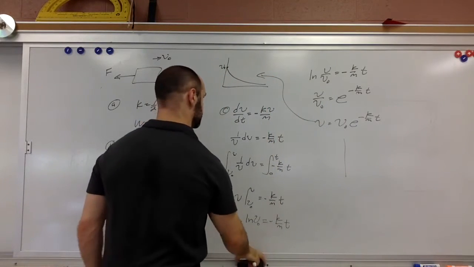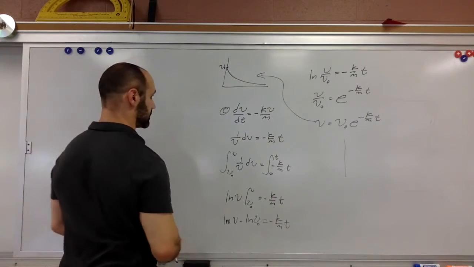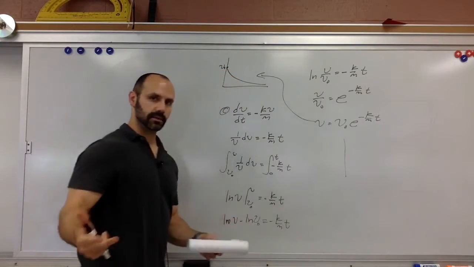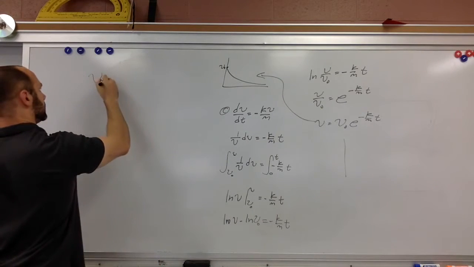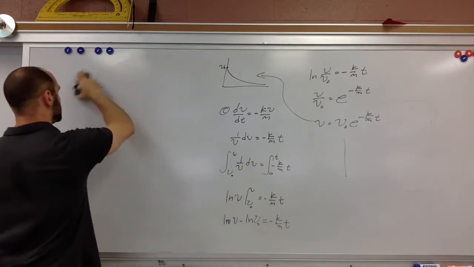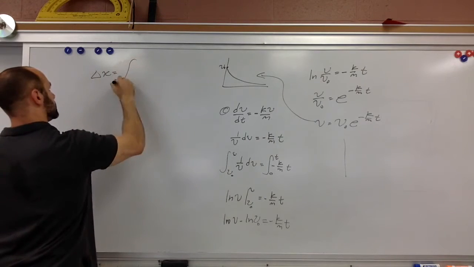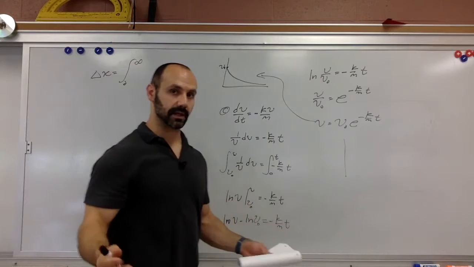I already drew it. And then the last part, we want to know the total distance that this goes. Okay, if I have a velocity function, how do I get displacement? Well, I get displacement by integrating. So the change in position, let's say delta x, is from 0 to infinity. I have to go all the way out to infinity where this thing actually stops.